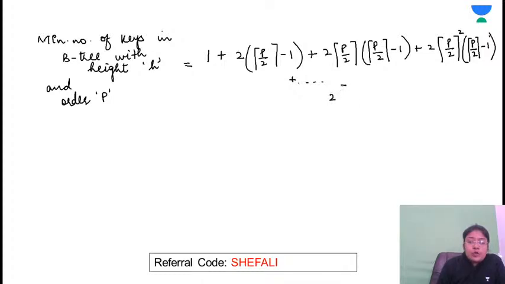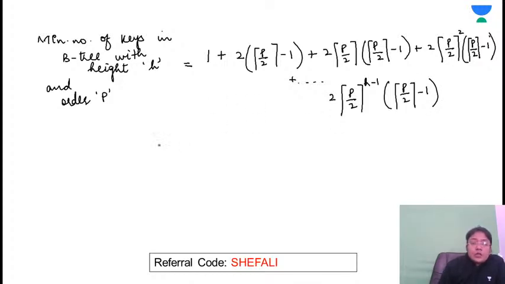So here we have 2(p/2)^h minus 1 over p/2 minus 1, and that's it. So in this GP series you can take 2(p/2 minus 1) common, 1 plus 2(p/2 minus 1).